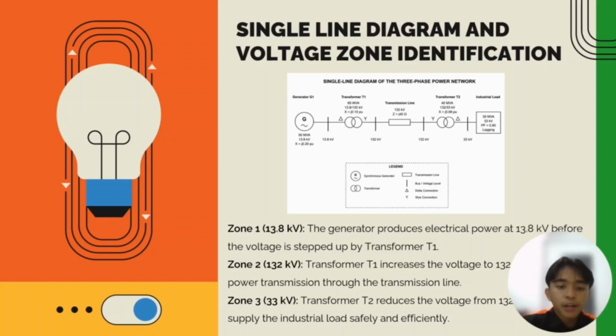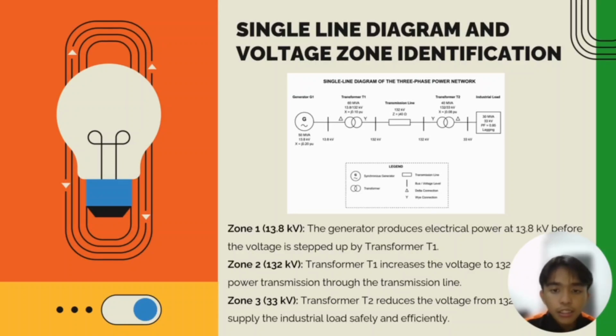Based on our scenario, there are three zones. The first zone is where the generator produces 13.8 kilovolt before the voltage is stepped up by transformer T1. As you can see on the single line diagram, generator G1 supplies 13.8 kilovolt to transformer T1. Then at zone 2, transformer T1 increases the voltage to 132 kilovolt for efficient power transmission through the transmission line.